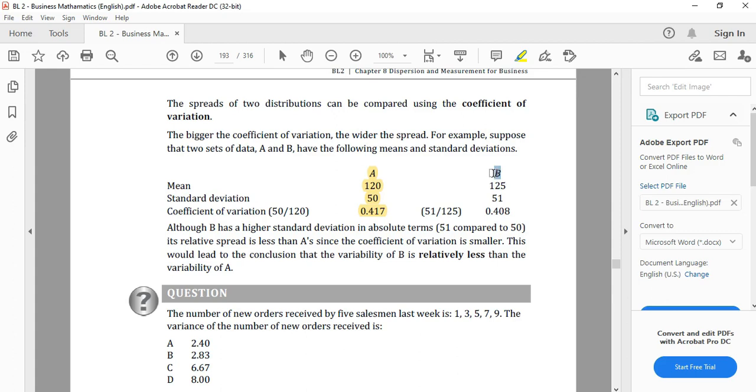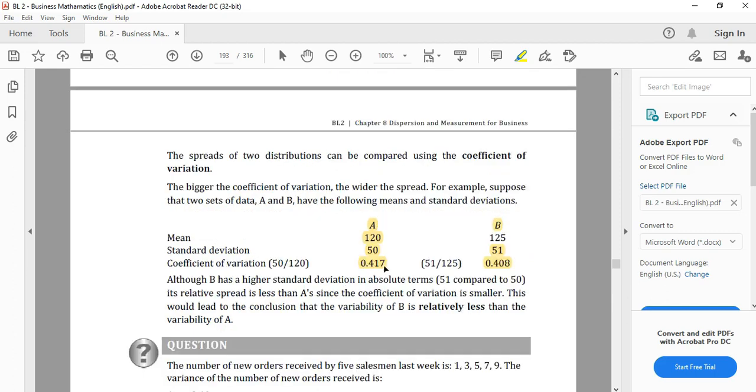Whereas for B, the coefficient became 0.408. What do 0.417 and 0.408 mean? The gap between the standard deviation and the mean as a relative term is what they show here.